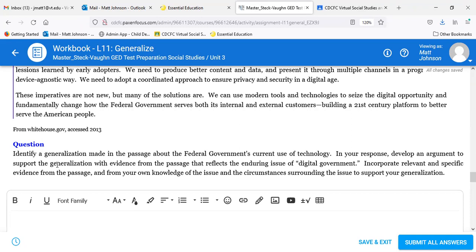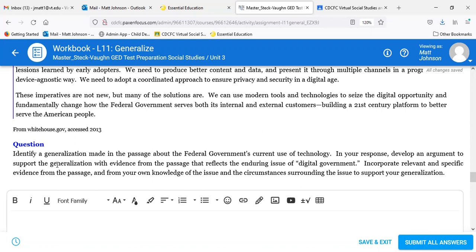In your response, develop an argument to support the generalization with evidence from the passage that reflects the enduring issue of digital government. Incorporate relevant and specific evidence from the passage and from your own knowledge of the issue and the circumstances surrounding the issue to support your generalization.